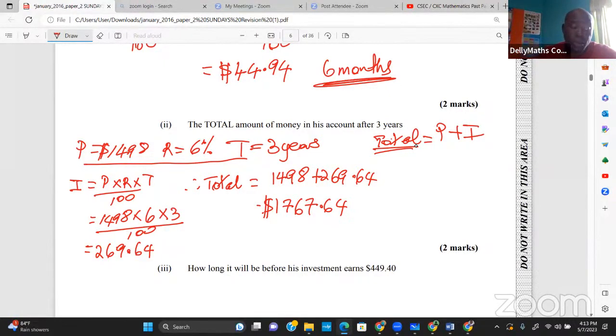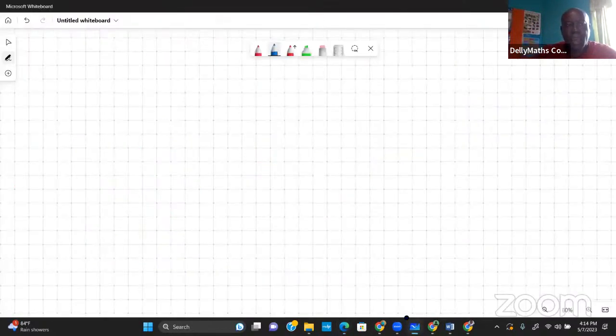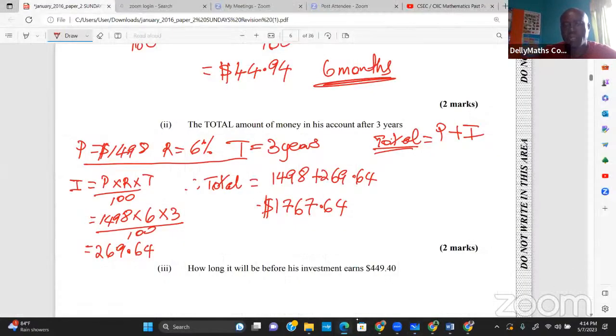There is another approach that we could have taken, and I'm just going to show you quickly. Having been told that you have 6 months interest, it was $44.94, I believe, right? Yes, it is.